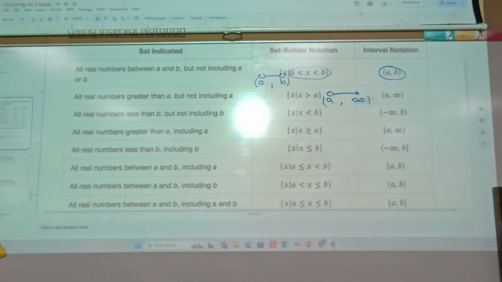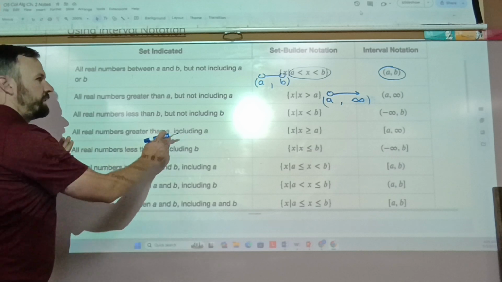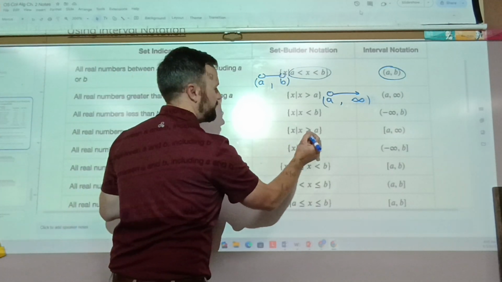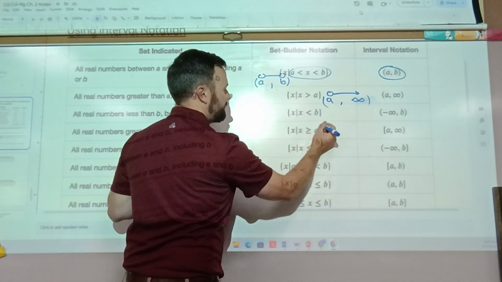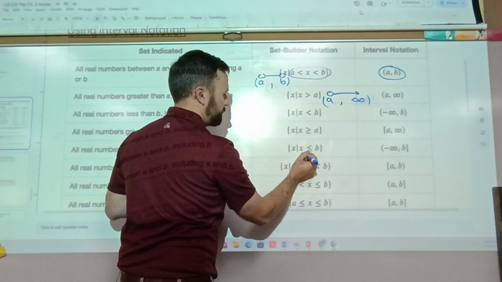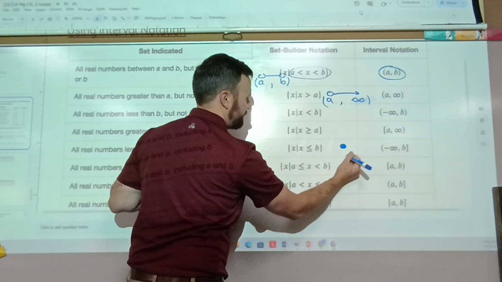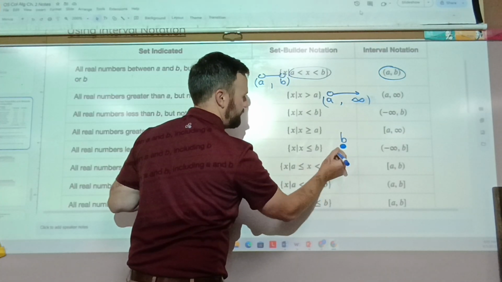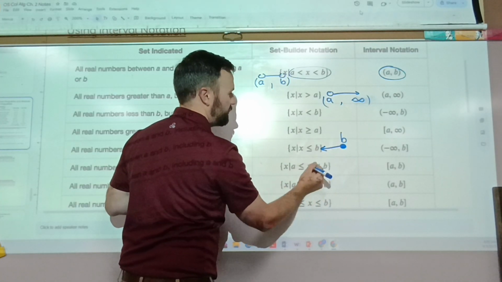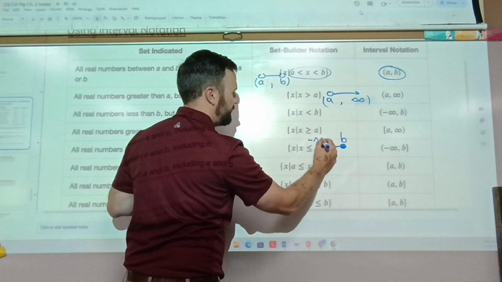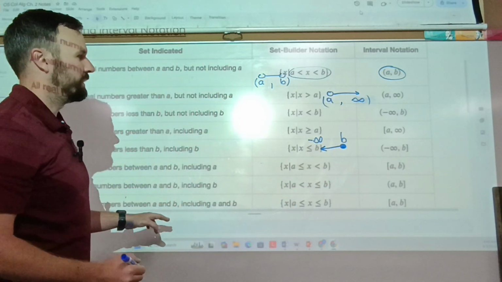All right. So I'm not going to go through all these examples because I don't know how much screen life I have. Biggest difference is, let's just do less than or equal to. So if it was less than or equal to b, you'd put a closed dot at b, and then go to the left to negative infinity, right?